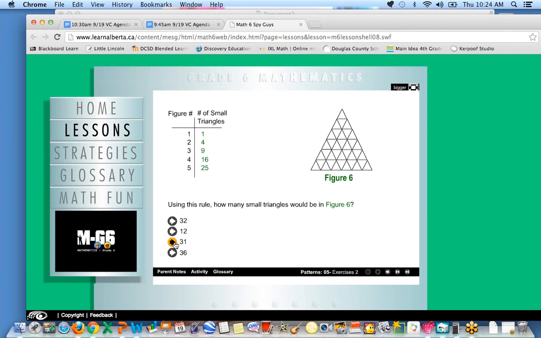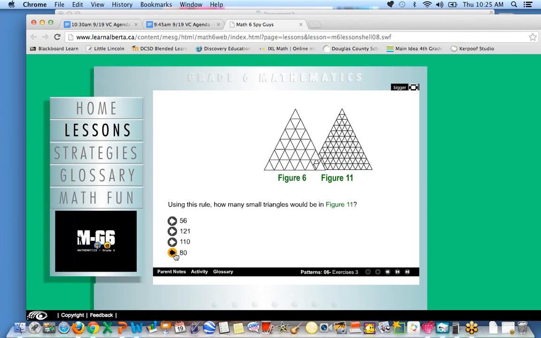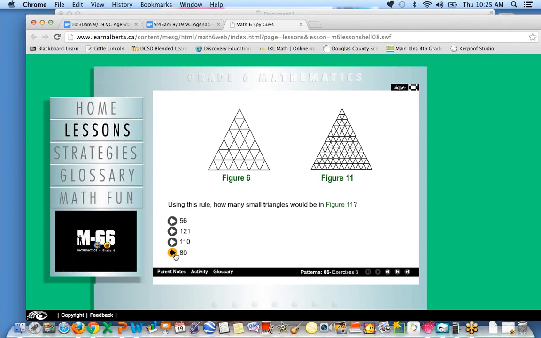Using this rule, how many small triangles would be in figure 6? All right. So what is basically 6 times 6? A, B, C, or D? Very good, Grace. 6 times 6 is 36. Using this rule, how many small triangles would be in figure 11? All right.